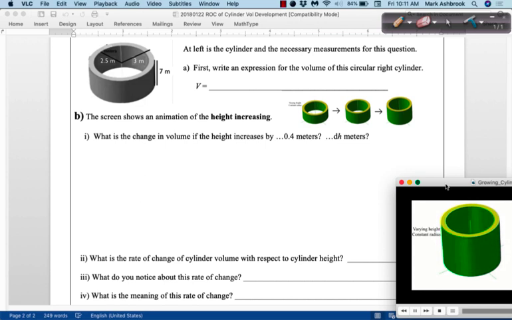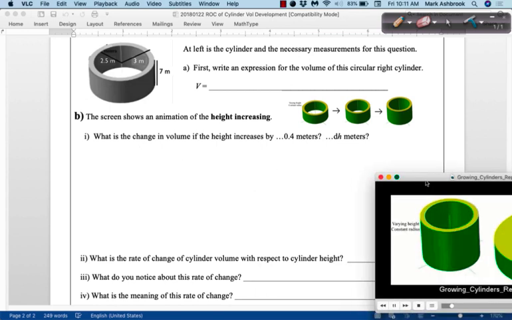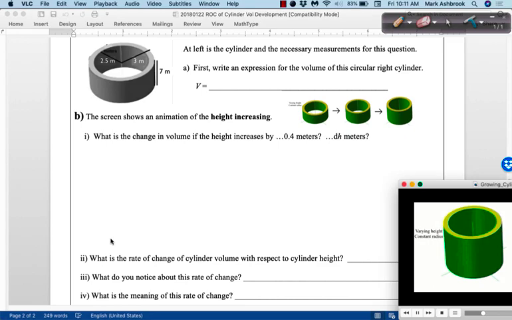Don't start yet. I'll talk a little bit, and then I'll go back to attendance. First, write an expression for the volume of that cylinder, and then I'm showing you the volume increasing according to a change in height. Now, what would the change in volume be?